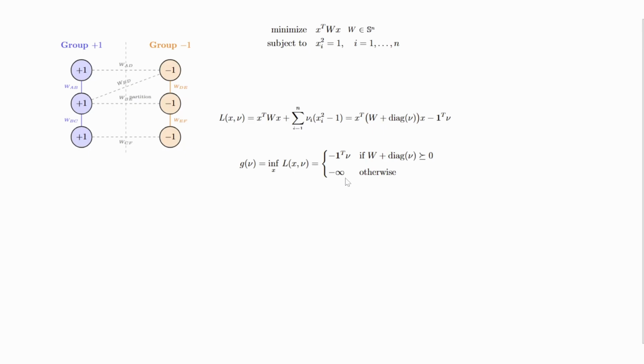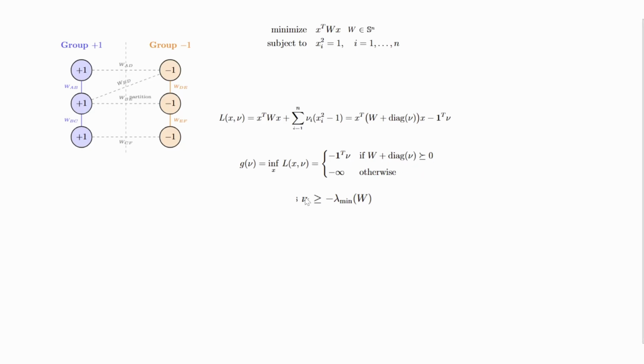Otherwise, it's negative infinity. Now, why is this true? It's true because if W plus diagonal v is not positive semi-definite, then this term is negative. So you can choose whatever x you want, and you can make this go to negative infinity. So just for practical purposes, I'm going to assume that this is true.